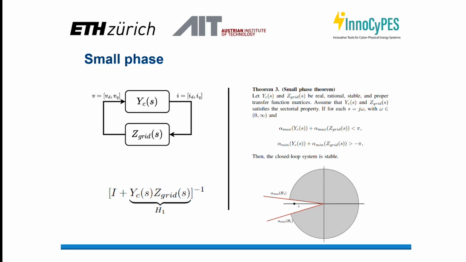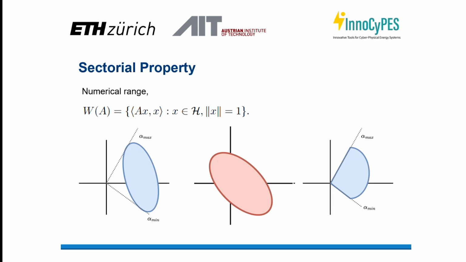What it means is that the sum of the minimum angles should not include -1, and the sum of the positive angles, or the maximum angles, should not include -1 as well. So in both directions.